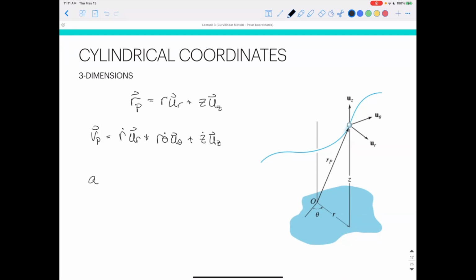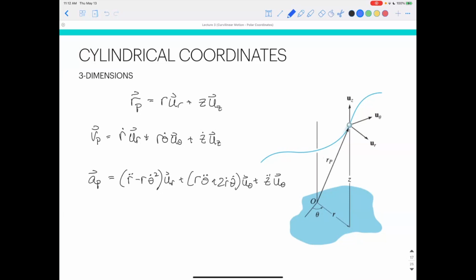And then lastly, our acceleration is equal to r double dot minus r theta dot squared, times ur, plus r theta double dot plus 2 r dot theta dot, times u theta, plus z double dot uz.